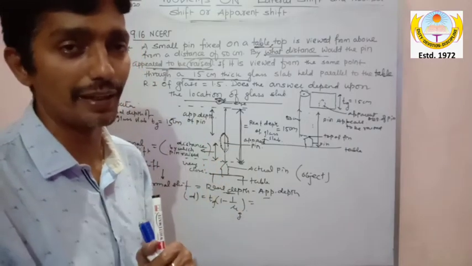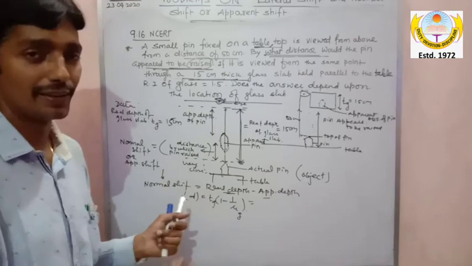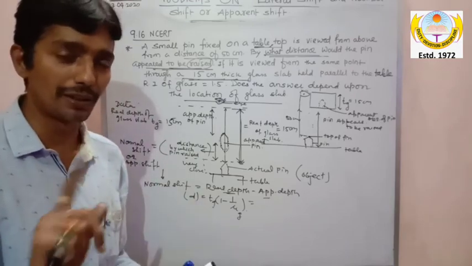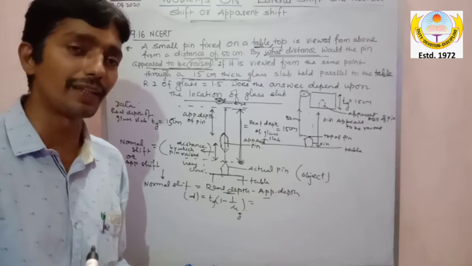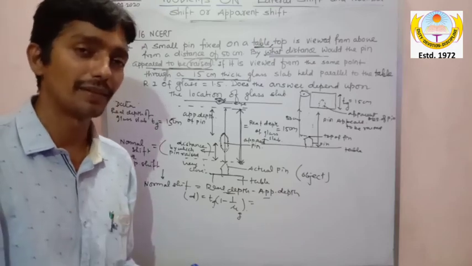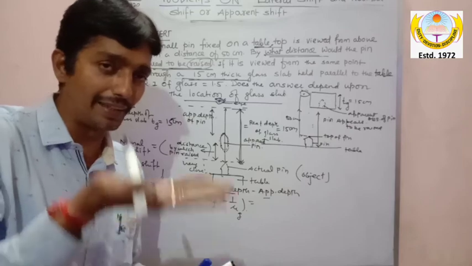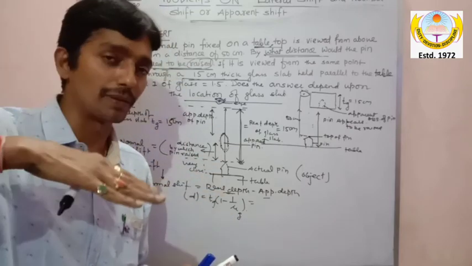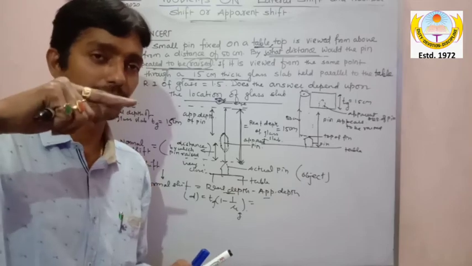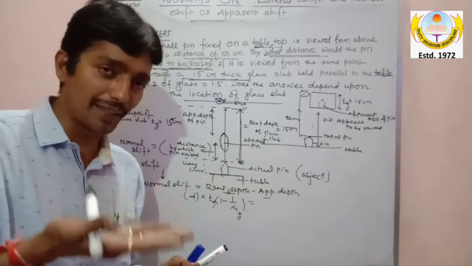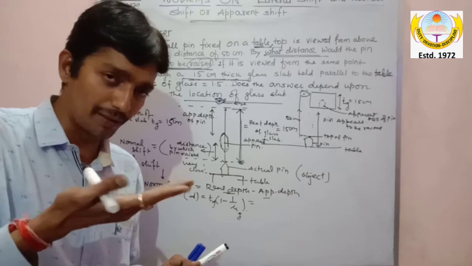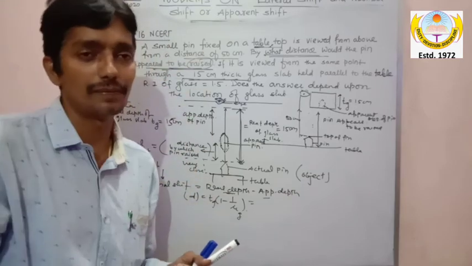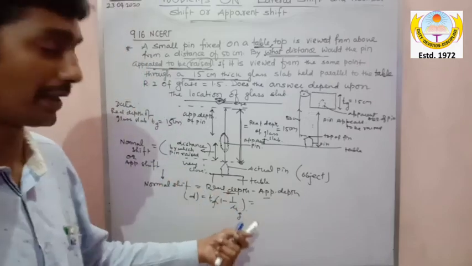If you look at the derivations, you will understand. So this is not a time to explain in theory, but please take care. Normal shift is not apparent depth. Normal shift is real depth minus apparent depth. Normal shift is the height, and apparent depth is the depth we see from the top till the image, and normal shift is the height from the bottom of the object, beaker or whatever system, to the image, which is got by real minus apparent.